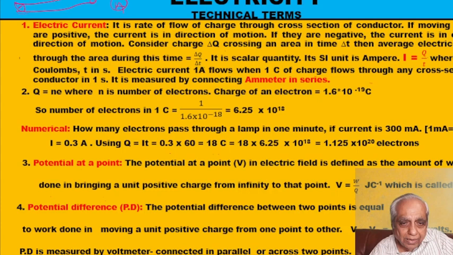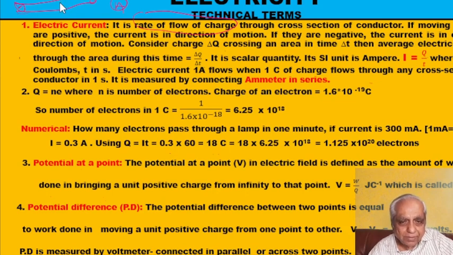Now, the amount of electrons that are flowing in from here, the same amount of electrons are coming out here. So, how many electrons are flowing per second? That is electric current. So, rate of flow of electric charge is electric current. Now, I have written here rate of flow of electric charge. But here I told you electrons, because in metals, normally electrons flow as they are free electrons.